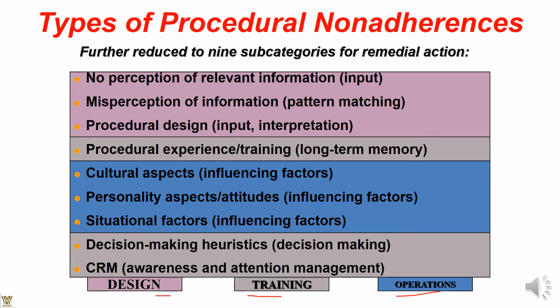Procedural experience and training: it is all about the pilot's training, the pilot's experience, how many hours he has flown. Cultural aspects are an influencing factor, definitely yes; we have identity, religious or superstitious factors that come into play. Personality aspects and attitude are influencing factors. What are personality aspects?